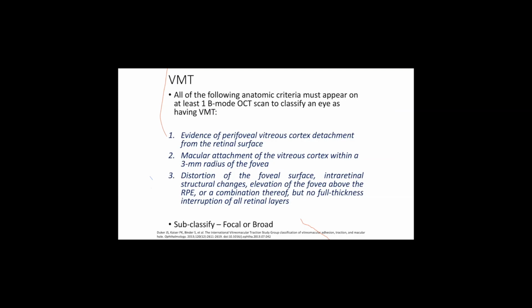We need to see that there is still an attachment of the vitreous cortex within a 3 millimeter radius of the fovea. And this attachment should cause a distortion of the foveal architecture. So basically, there should be a change or an elevation of the foveal tissue above the RPE. But remember, there should not be a full thickness interruption of all the retinal layers. That is the key step in this.